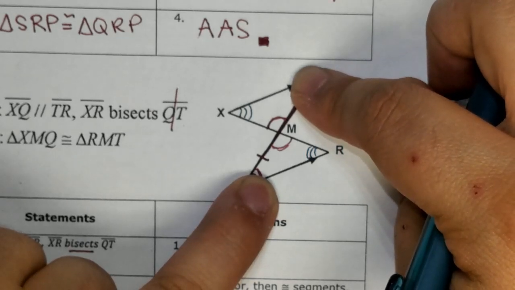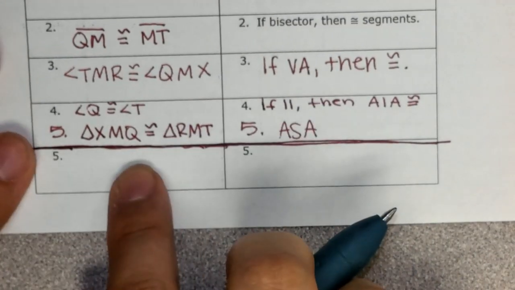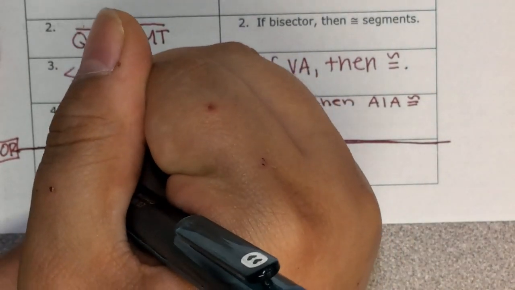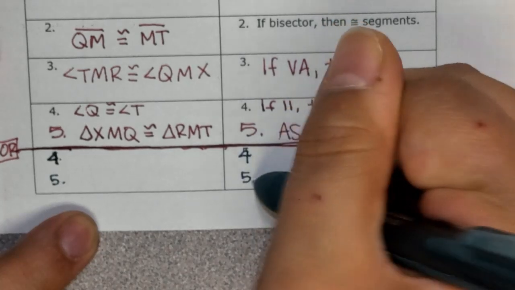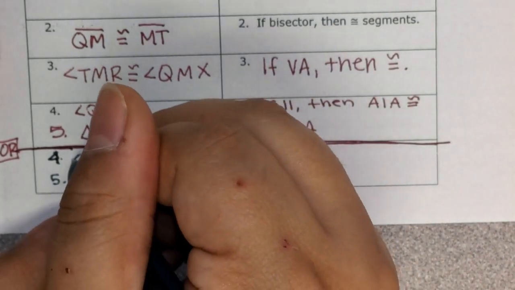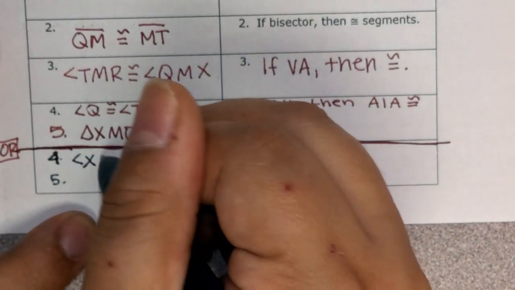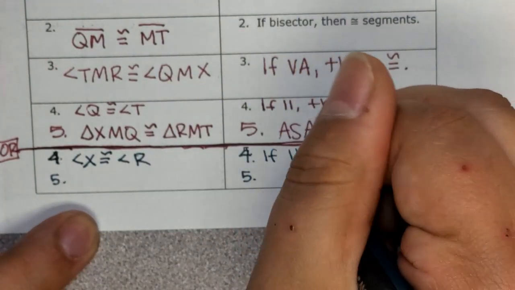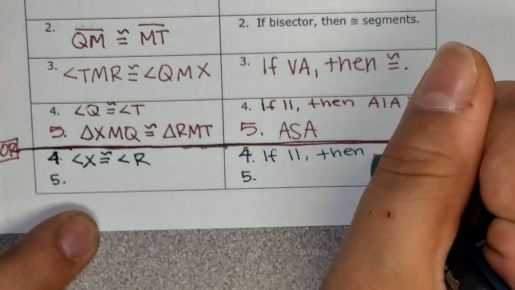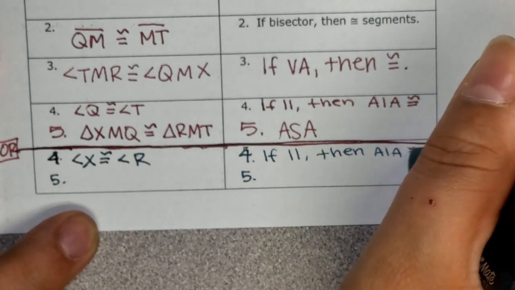Because of AIA. So I'm going to write that one. This is the other option. Can you make this 5 a 4? So your other option would just be X is congruent to R. Both of these are right. If parallel, then AIA are congruent.